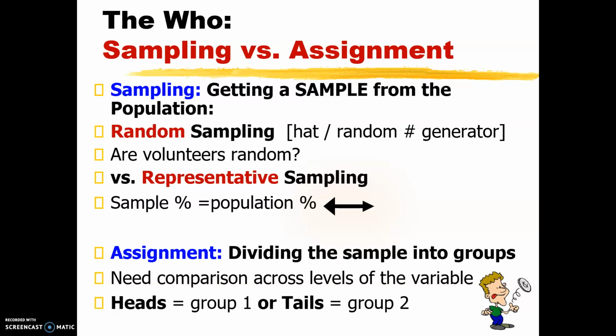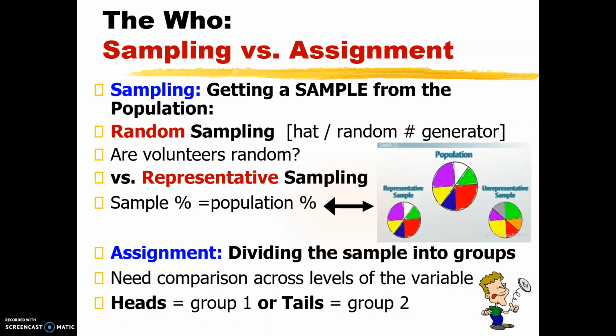Let's say people come into class and I'm going to assign them into one of two groups. To do it randomly, I'm just going to flip a coin. If it's heads, you're in group 1. If it's tails, you're in group 2. So we have not only random and representative sampling, but also random assignment. Similar but different in their approaches, okay?